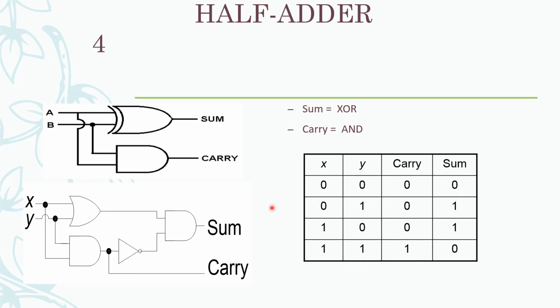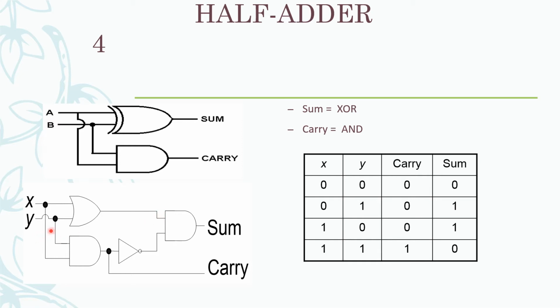Similarly, for every input, we are going to try this. For the another case, when x is equal to 0 and y is equal to 1, see what will happen. X is equal to 0 and y is equal to 1 will give you OR as 1. Okay, so this input here is 1.